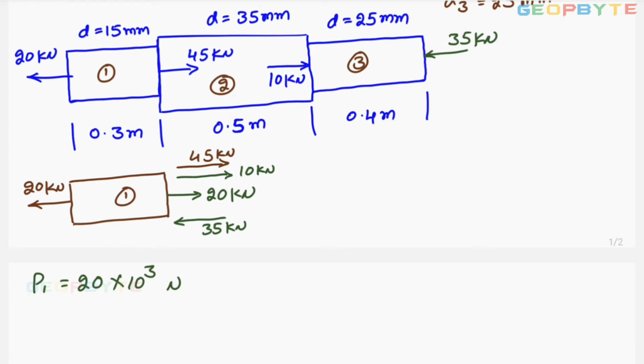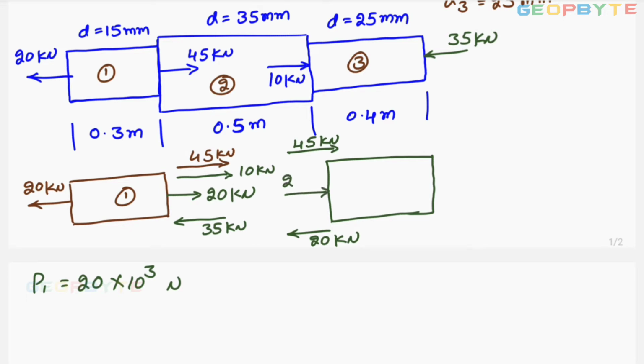Similarly, let us take section 2. With respect to section 2, at the left end 20 kilonewtons is acting away, and 45 kilonewtons is acting towards that end. The resultant value 45 minus 20, 25 is acting as a compressive load.